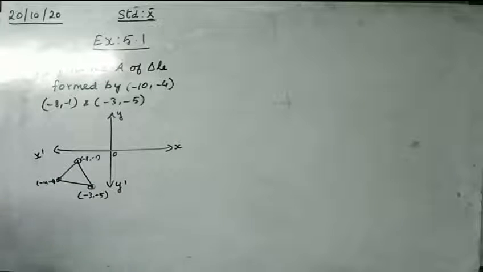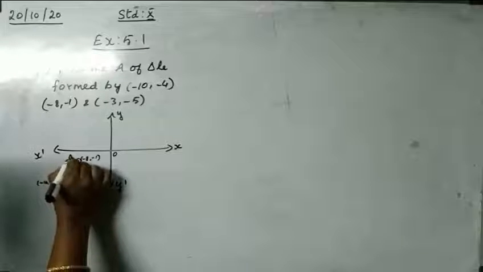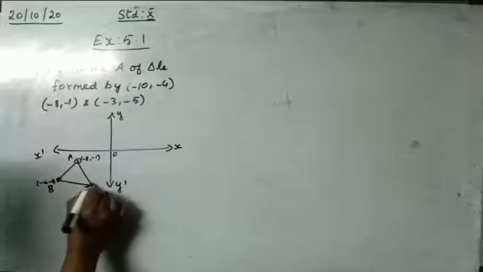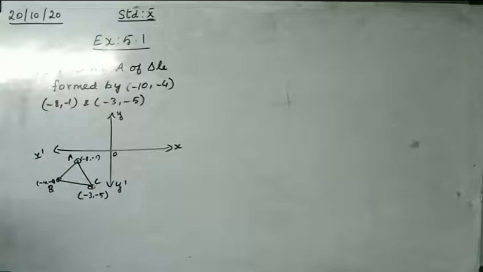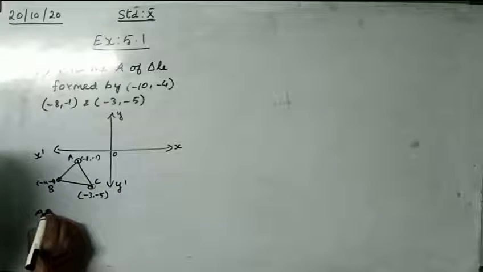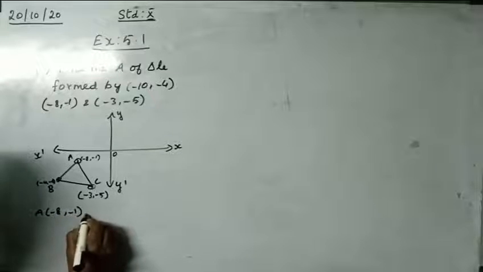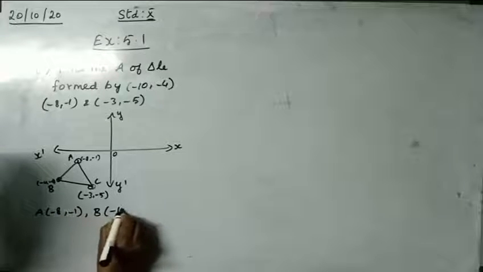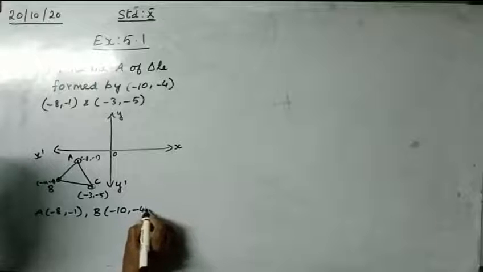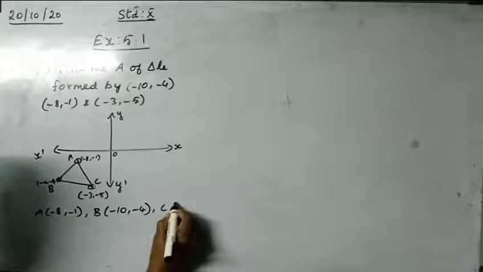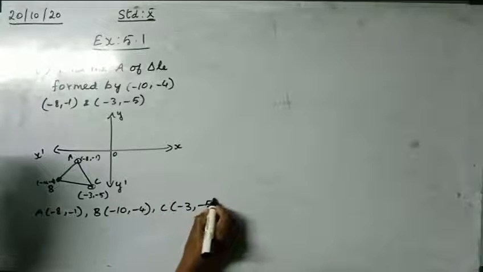So by inspection I am taking the points as A, B and C. A is (-8, -1), B is (-10, -4), C is (-3, -5).